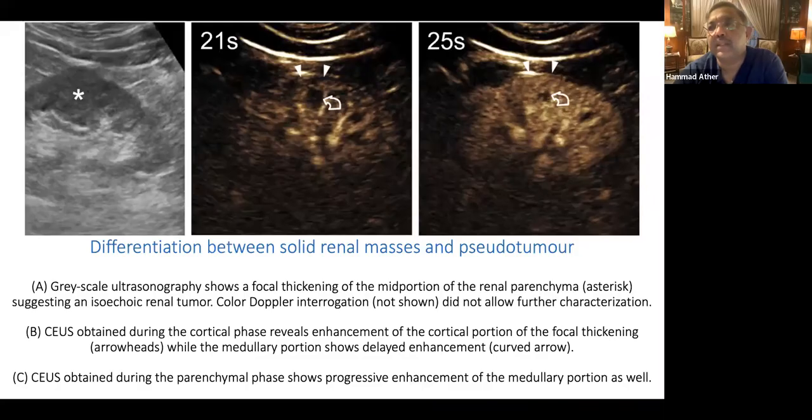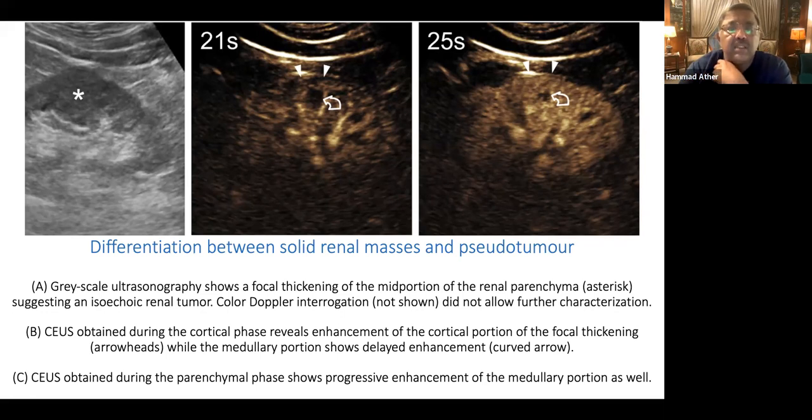Another example of the same: the first picture is showing a grayscale ultrasound with focal thickening of the mid portion, shown by the asterisk, which is an isoechoic renal tumor. Now, color Doppler ultrasound can further classify this as something suspicious, or is it a normal variation?